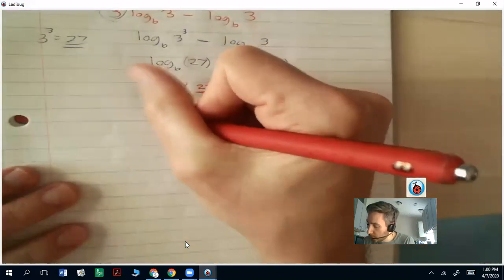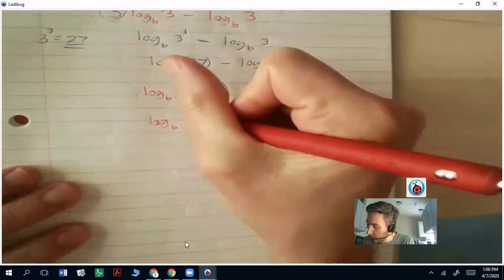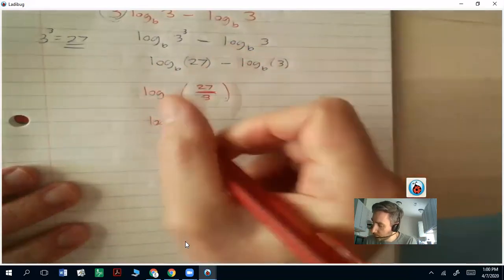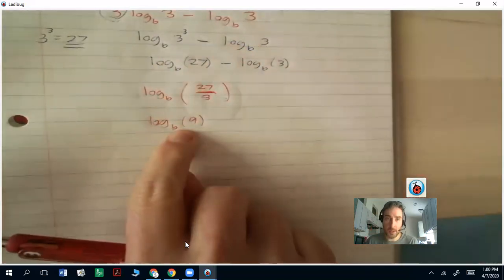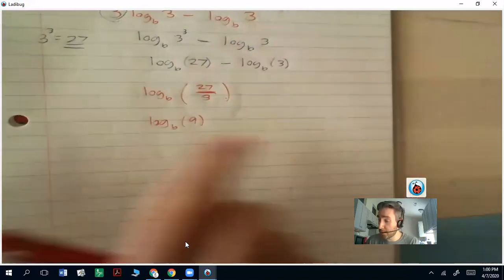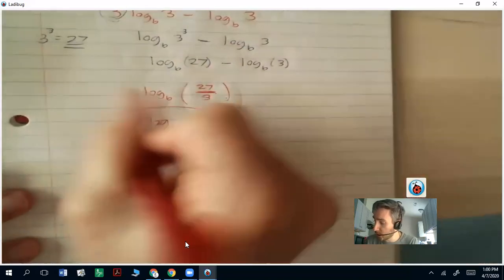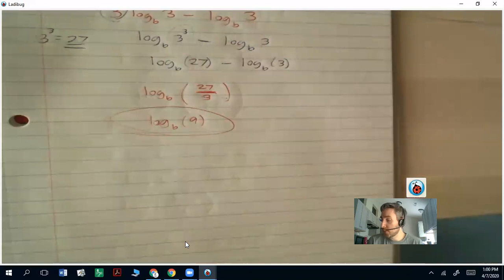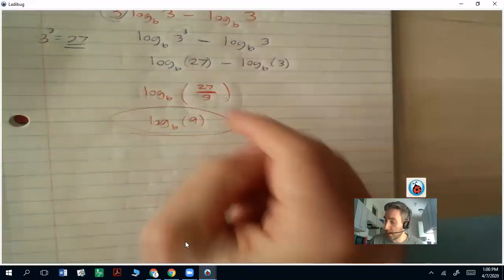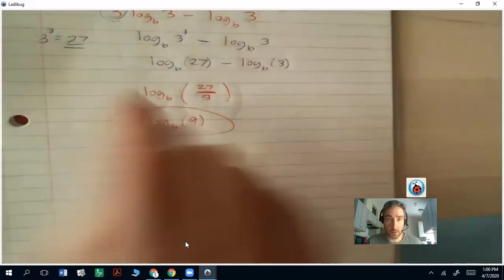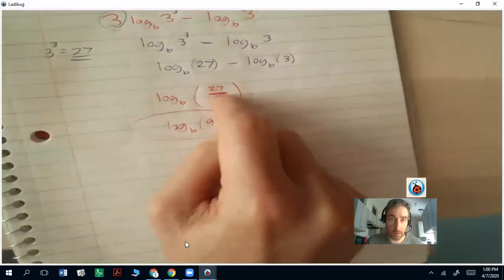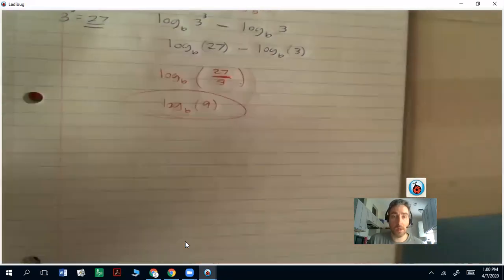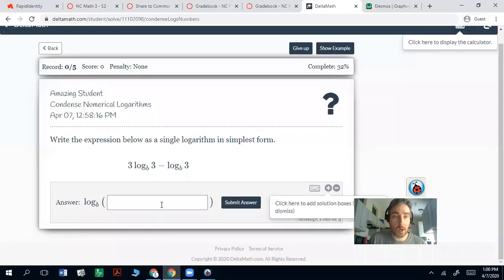But if you didn't, use your calculator, and you do log base b of 9. Now we don't have a number for b, so you can't just put this whole thing in your calculator and figure it out. You have to be able to at least do some of this work by hand. So log base b of 9 is what you want to type. Don't put in this, it'll count it wrong. It needs it in most simplified form. It already has the base b, so all you've got to do is put that number in there. Lucky you.